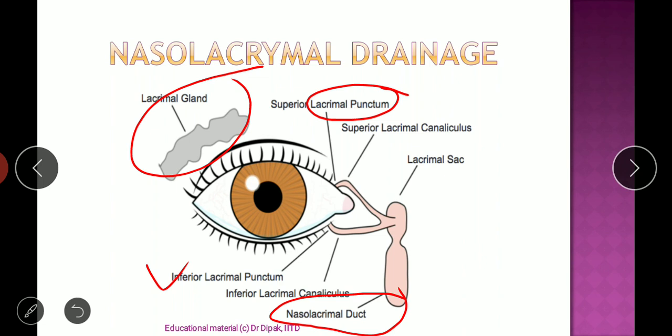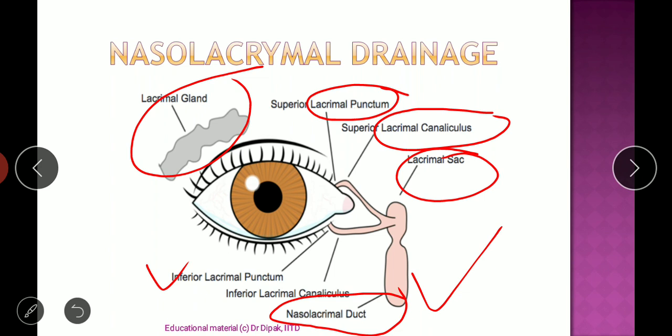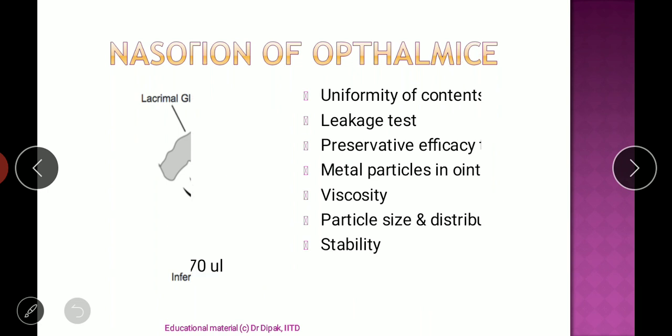Then there is a pipeline called the lacrimal canaliculus, superior and inferior, which is connected through the lacrimal sac to the nasolacrimal duct. So there will be drainage of the lacrimal fluid into the nose.